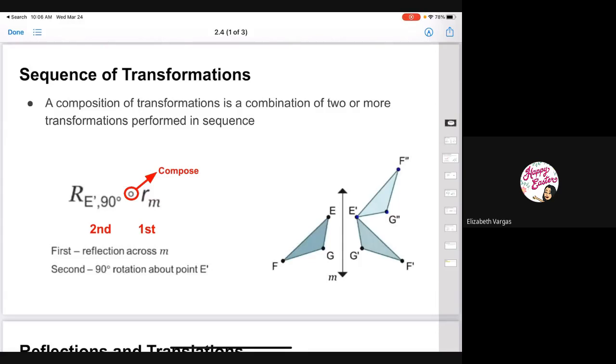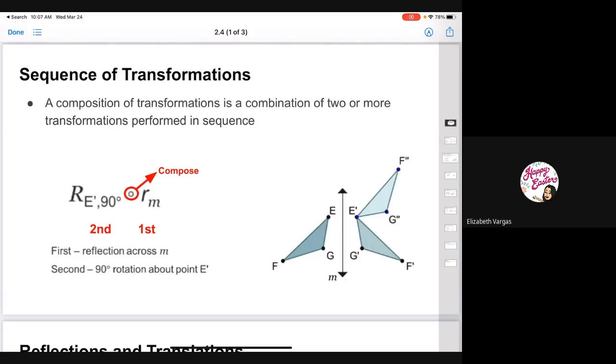The way that we represent them is what you see here. This would be read: reflection across line M, composite, which represents the composition. So we're doing it in sequence. Then a rotation about point E prime, 90 degrees.